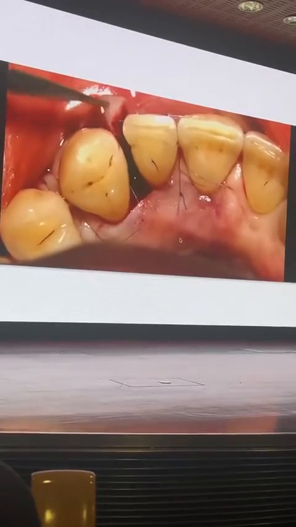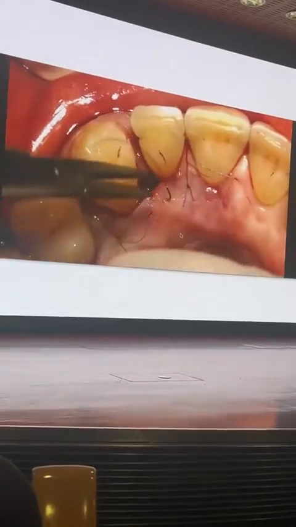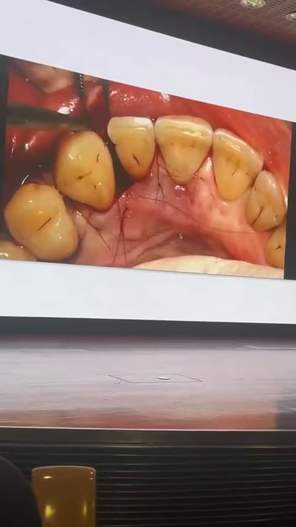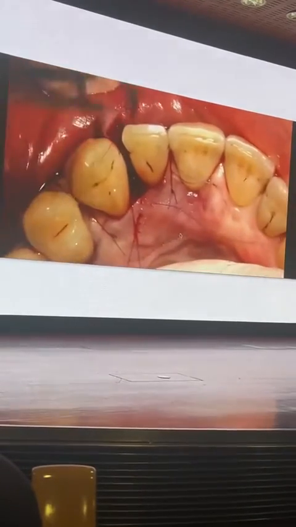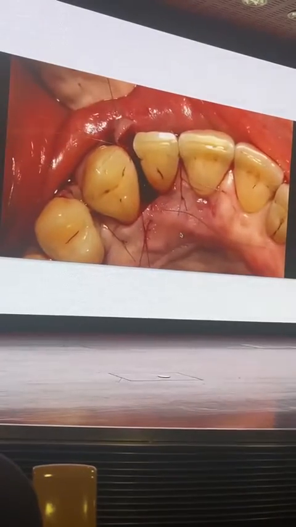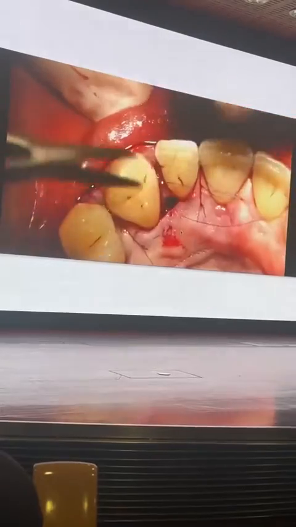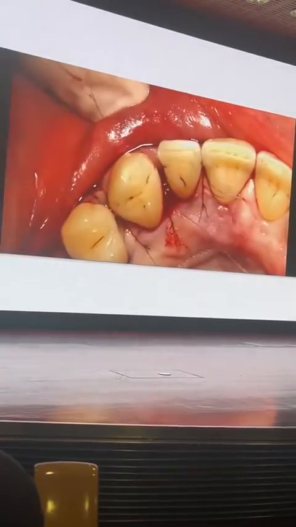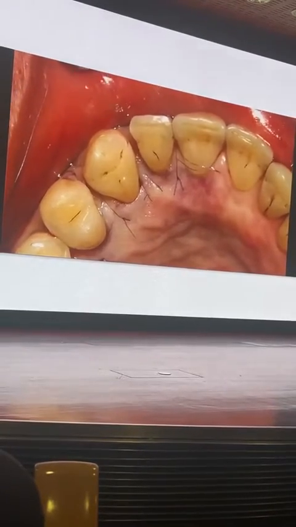You connect the palatal flap, you take your isthmus, you see perfectly where you have to place your needle, and when this tissue goes back to the palatal aspect, you achieve first intention wound healing under a line that is very short, that is your incision line, but the length and the amount of connective tissue that is facing is as long as you were able to complete your bevel incision. So it's really a surgical technique that makes everything very, very uneventful.